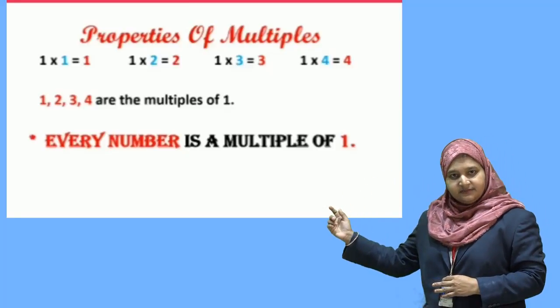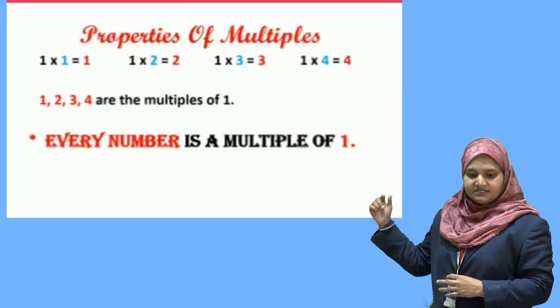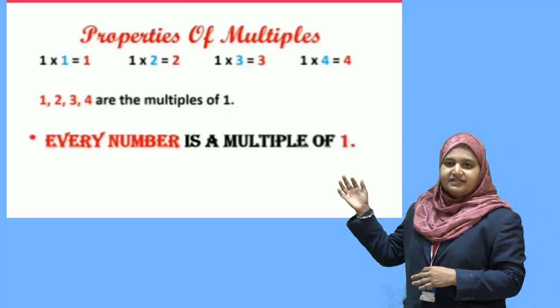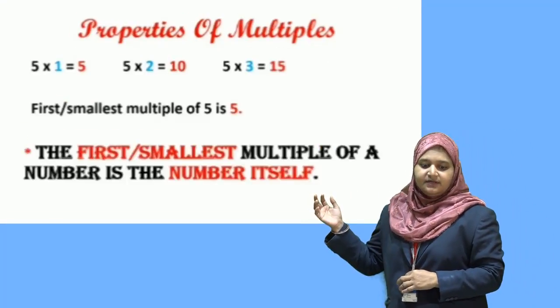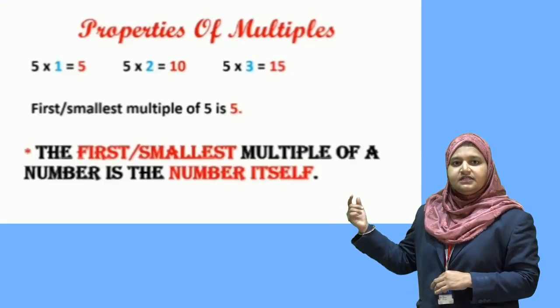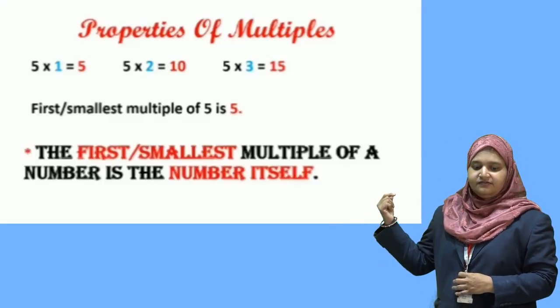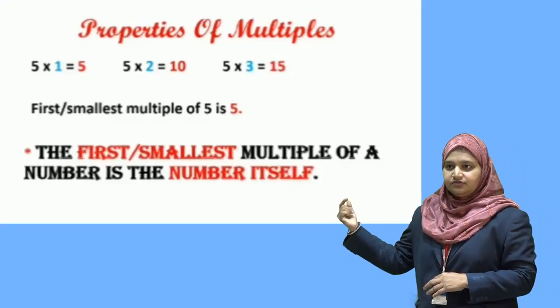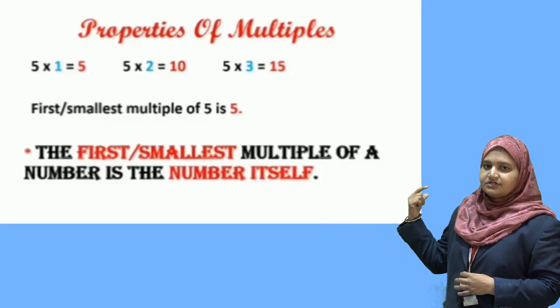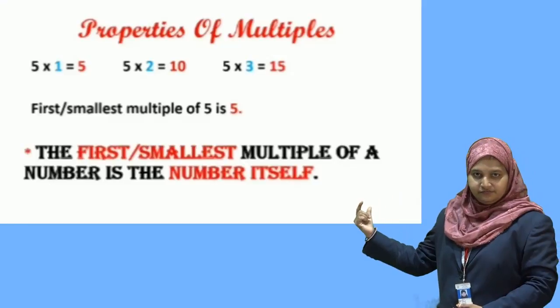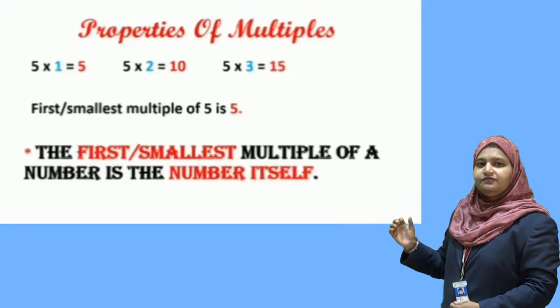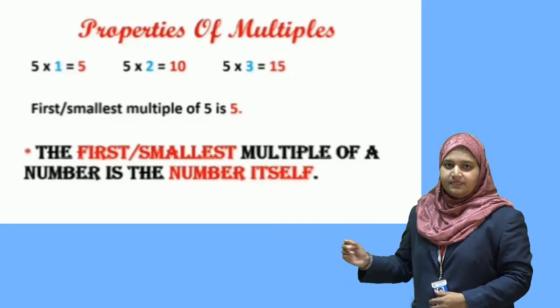So 13 is a multiple of 1 and 13 is a multiple of 13 also. For the second property, the smallest multiple of a number is the number itself. For example, if I multiply 4 by 1, I am getting 4, not any number which is smaller than 4. So the smallest multiple of 4 is the number itself.